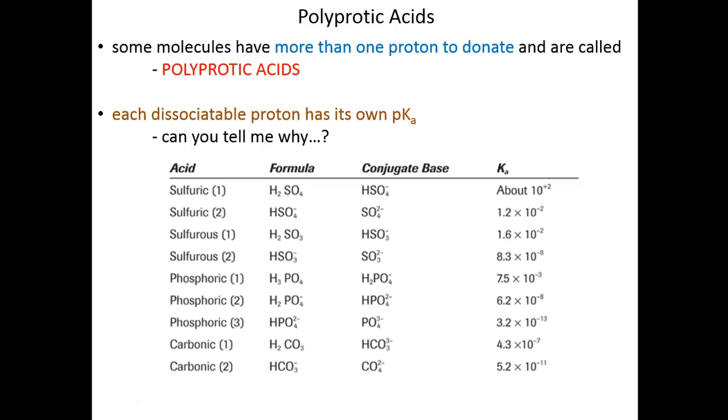It holds on to it very tightly. So the reason why each of these protons has its own pKa is because each of these protons is given up with a different affinity. Some of them are given up very easily, and others are held onto very tightly, and pKa is nothing more than a measure of how easily a molecule will give up its proton or how tightly it holds on to it.